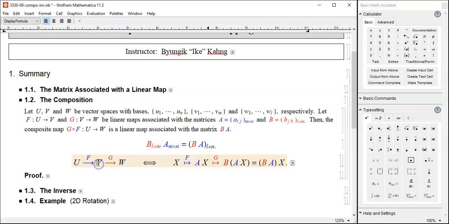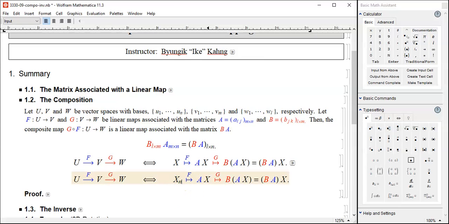From U to V, that's F. From V to W, that's G. And from U to V, F is multiplication by A. And after that, multiplication by B. So if you use the associativity rule, then multiplying by matrix B times A to x. How about the dimension? This is n dimension. Let me copy and paste this thing.